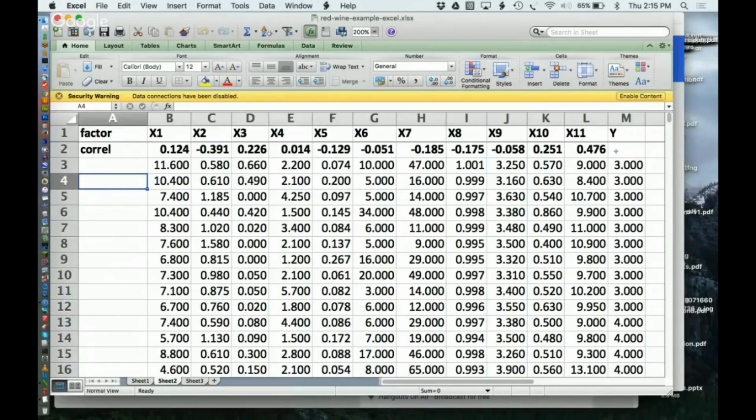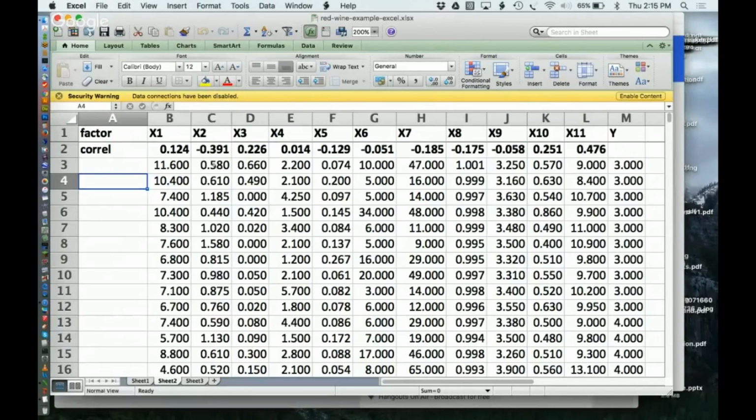So that's typically a weak relationship for many uses, but for machine learning, and especially classification and regression and so on, that's a fairly strong value. Now, note that some of these are negative, like this one, negative 0.391.